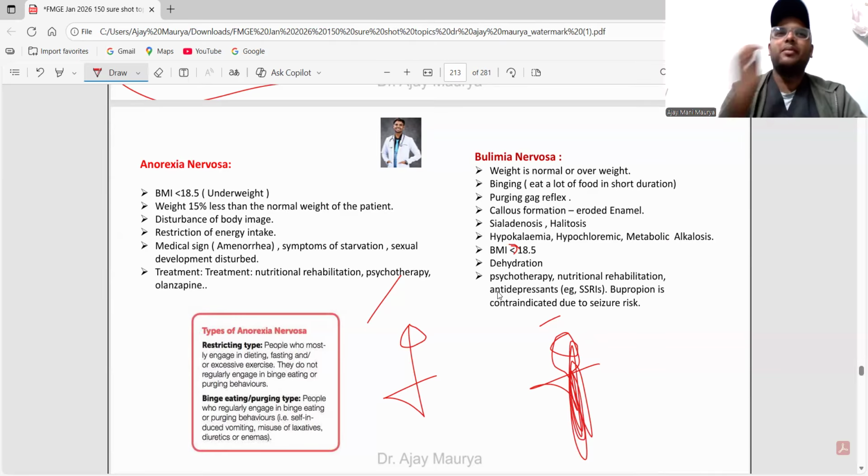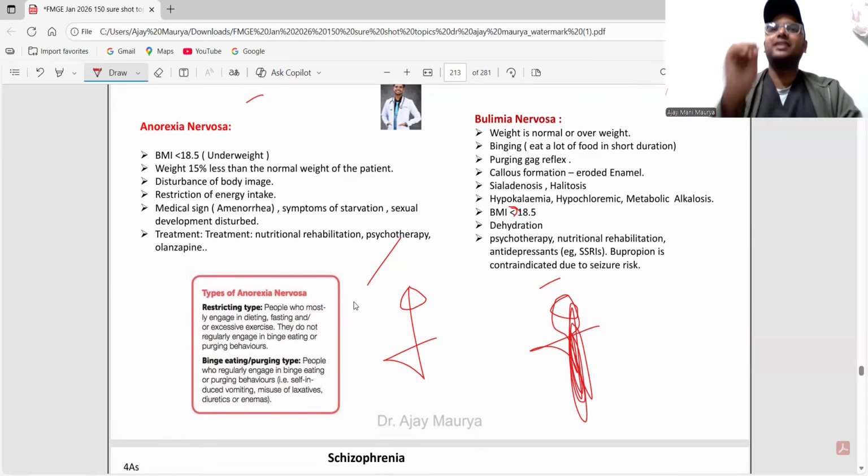Remember, anorexia nervosa means what? This guy's weight is normal only, but he is not eating anything, because he thinks that if he eats the food, he will become fatty.